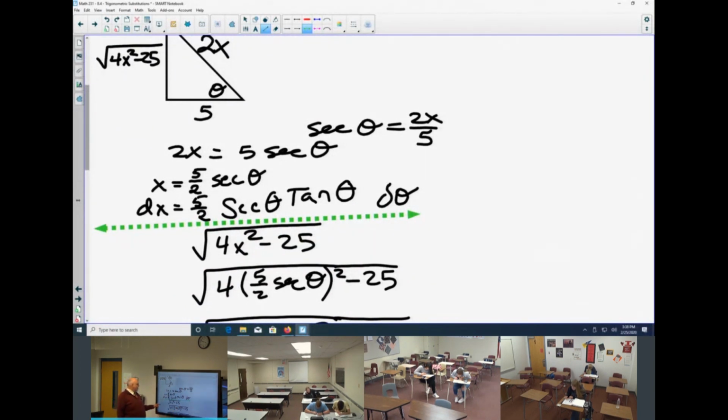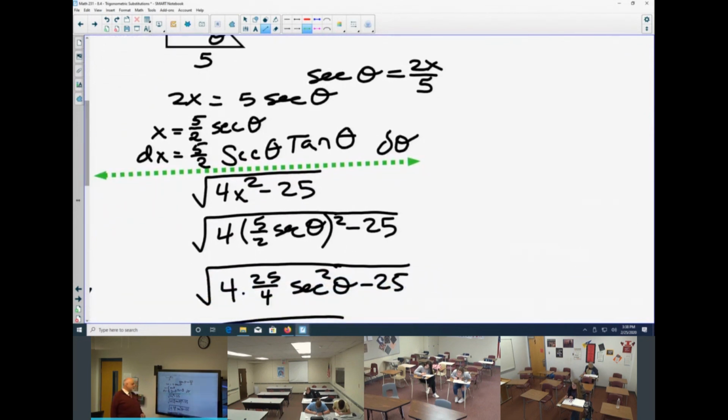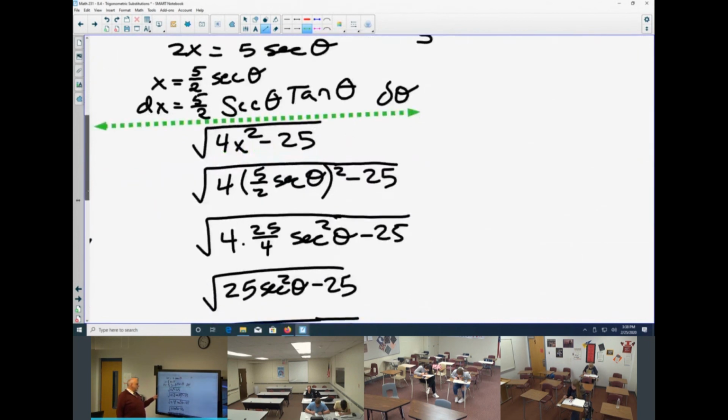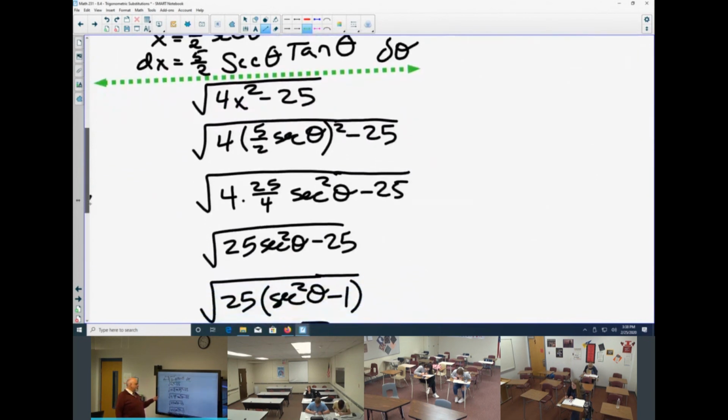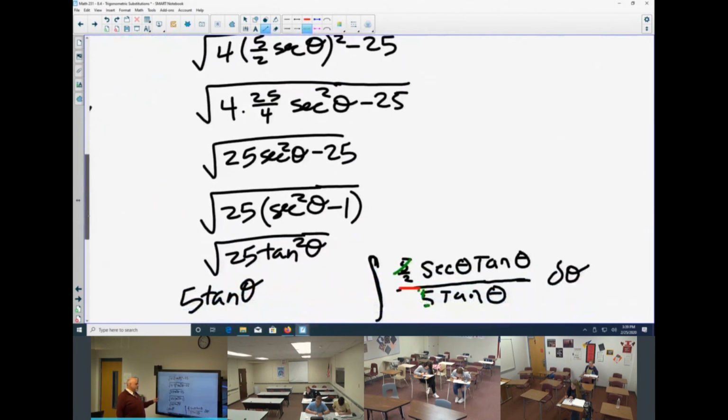So then when you square the 5/2 secant squared, you get 25/4 secant squared minus 25. So the 4's are going to cancel. Factor out the 25. And then secant squared minus 1 is equal to tangent squared. And that's going to come out of the radical as just 5 tangent.